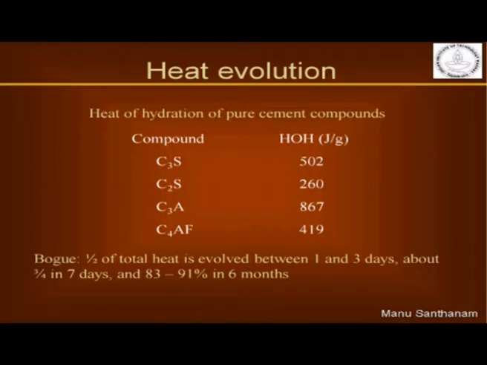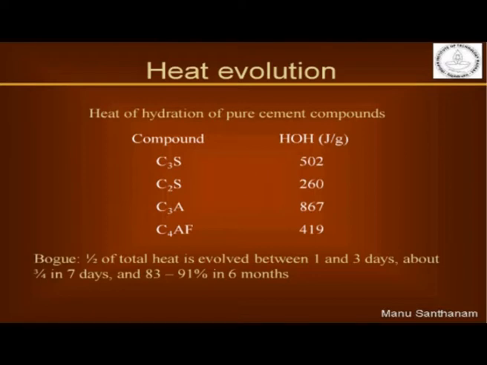If you look at the heat evolution amongst the cementitious compounds, the highest heat evolution happens with C3A. Please remember that we talked about the fact that in the cement manufacturing process, we add gypsum as an ingredient in the final stages to ensure that the cement sets and hardens at a normal rate.